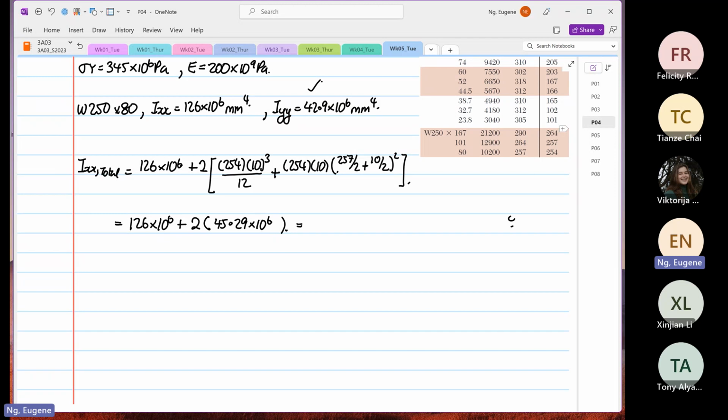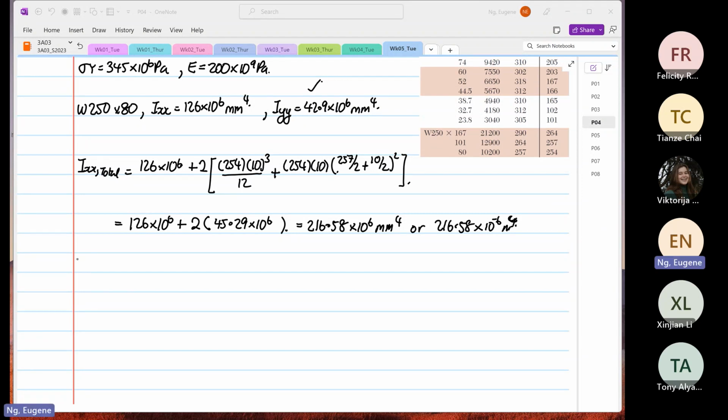So the answer is 216.58 times 10 to the power 6 millimeter to the power 4, or 216.58 times 10 to the power minus 6 meter to the power 4. Okay, so that is our I total.